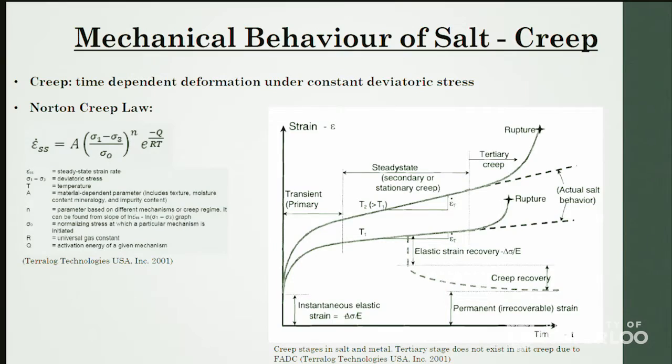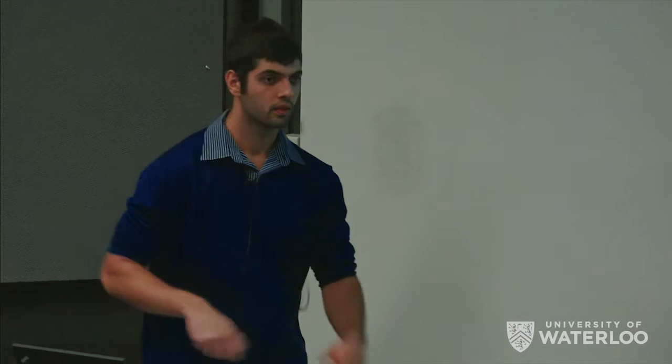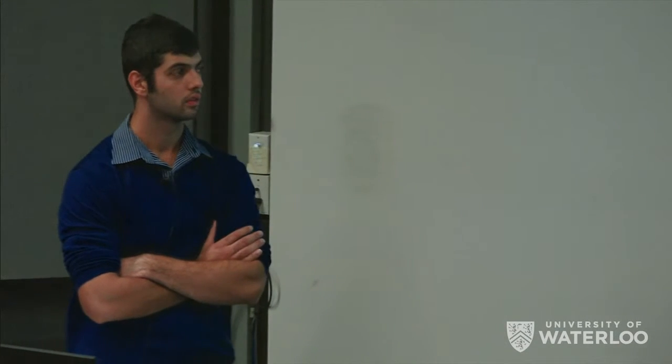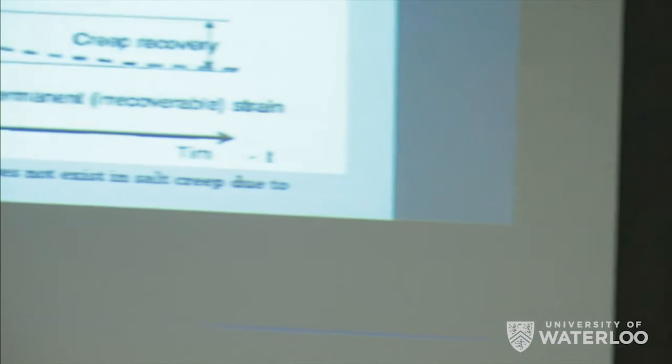Yes. And a big issue that Mohammed referred to in the first talk is that exponent A in the equation is unique for every salt. It depends upon crystal size, moisture content, porosity, the amount of clay and other material that might be in the salt. So that does present a need to test your materials. It's not like a steel, where you know your bounds are quite narrow.